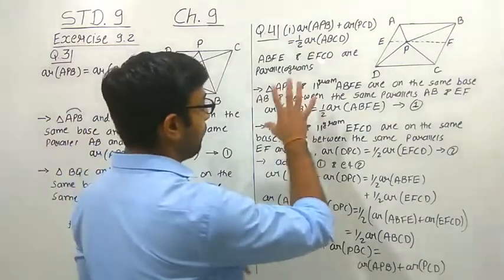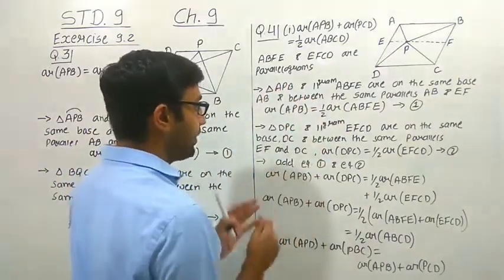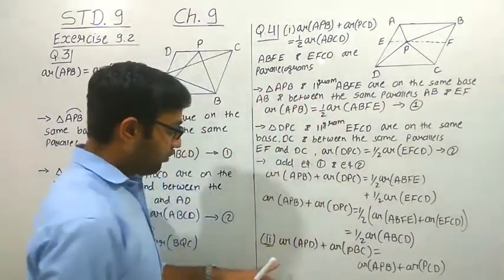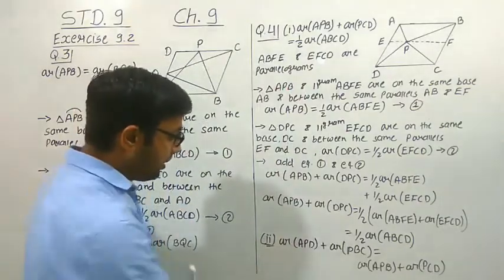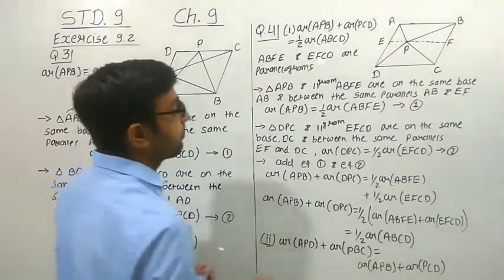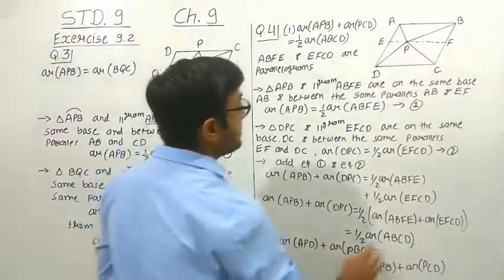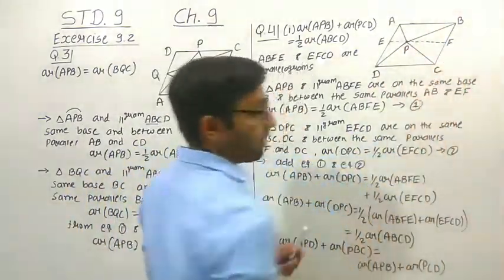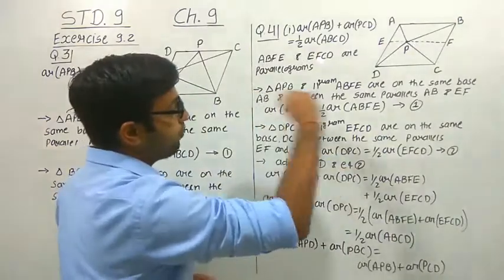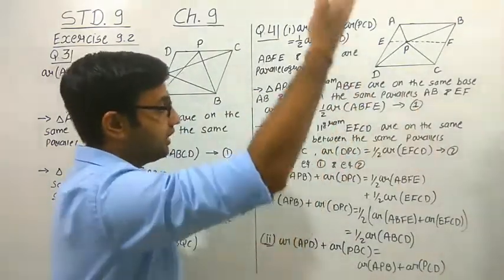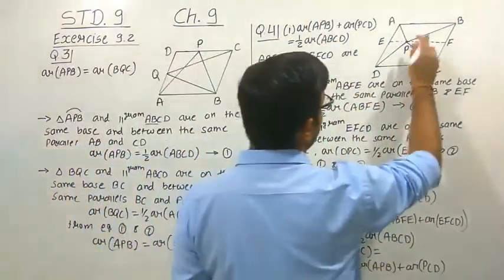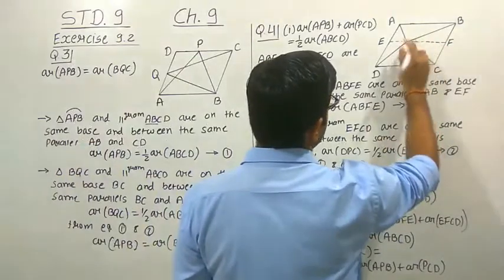First of all, whatever we have done here, the same thing we have to do for the second part. Here we require the area of APD. So APD is this triangle and PBC is this triangle. As we have done two parts horizontally, now we have to do the same vertically.